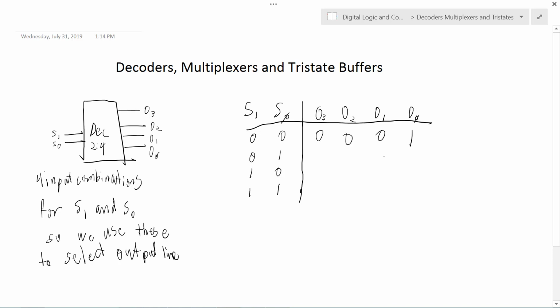For input 0, 1, a 1 for O1, and zeros for O0, O2, and O3. For input 1, 0, we output a 1 for O2, zeros for the rest. And for input S1, S0 equal to 1, 1, we output O3 equals 1, and zeros for the rest. So the output is active high here.